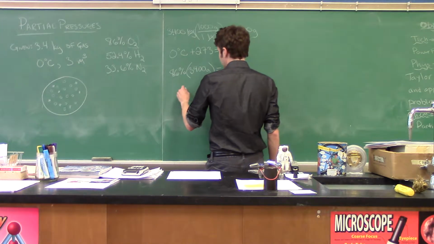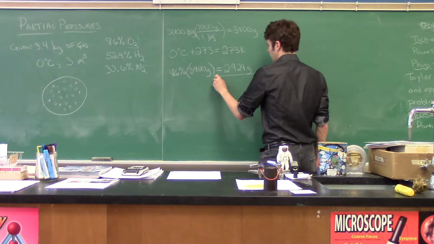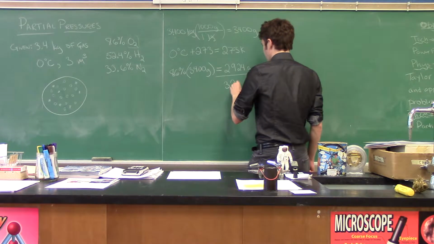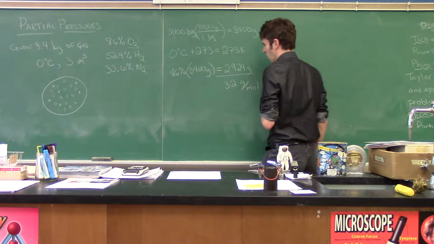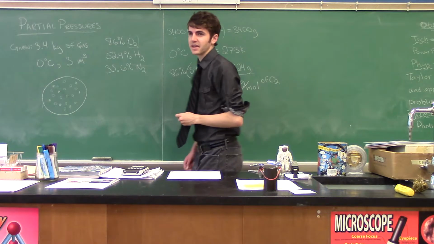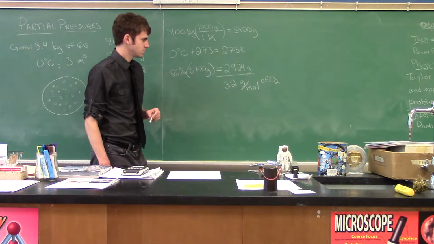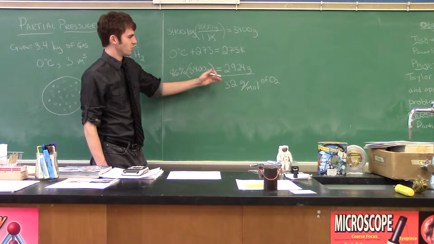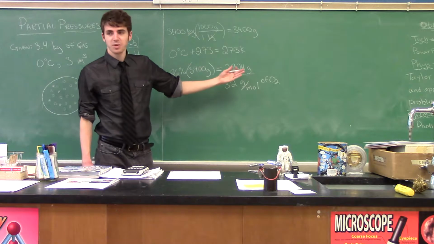So we'll take 2,924 and we'll divide that by 32 grams per mole of oxygen, or O2 in this case, the diatomic oxygen. If we write this out in a more suggestive form, you would see that our grams would cancel, and we'd be left with moles.